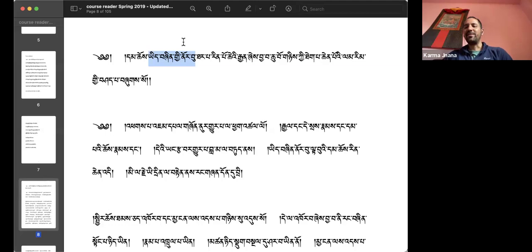We cannot do a literal translation, but that's the way to translate it. Tamche or Tampiche, the holy dharma or the sacred dharma. Tarpa is liberation. Rinpoche, again, ornament.